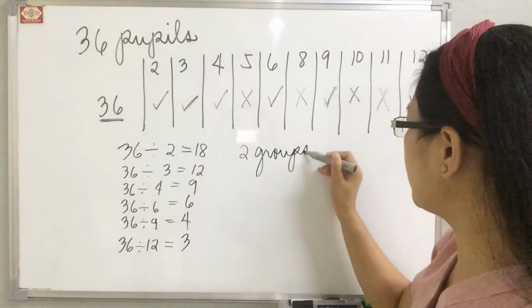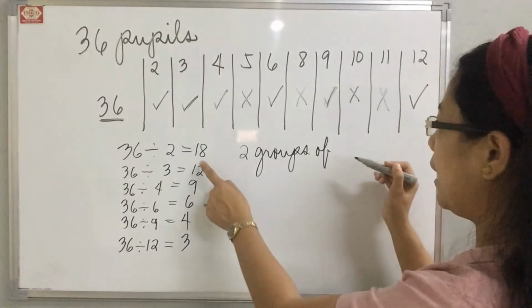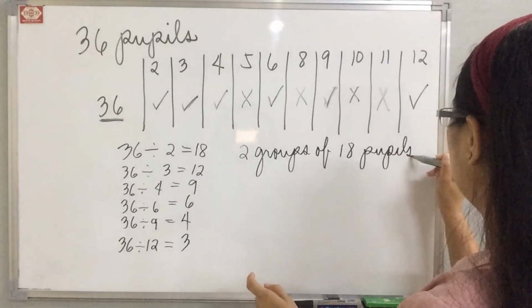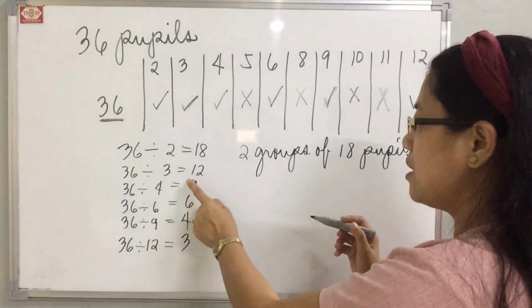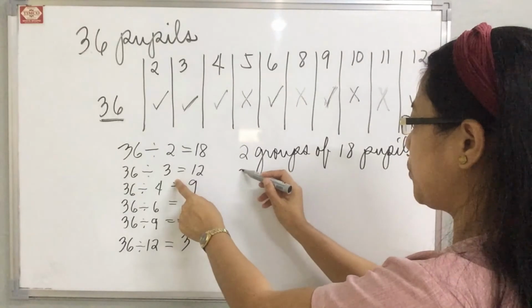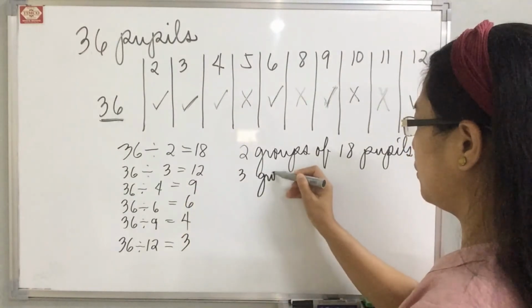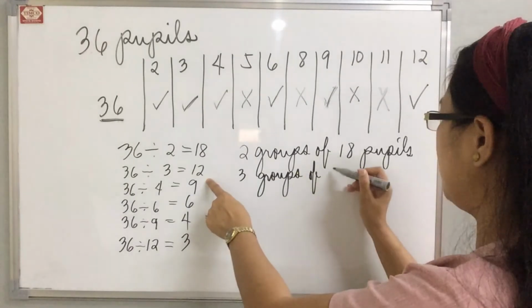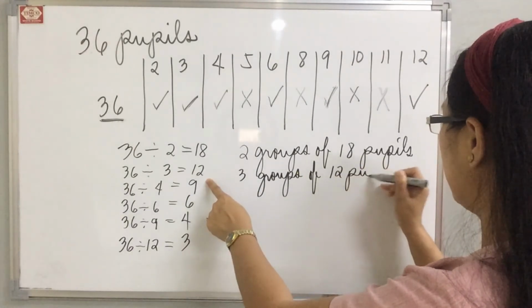2 groups of 18 pupils. Okay? And the next way is 3 groups of how many pupils? We have 12 pupils.